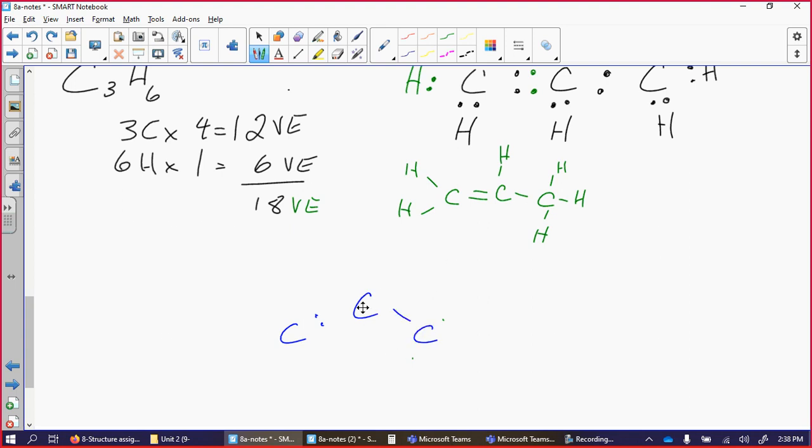There are 2 different shapes. So 2, 4, 6, 8, 10, 12, 14, 16. Could I put 2 electrons in between those 2?